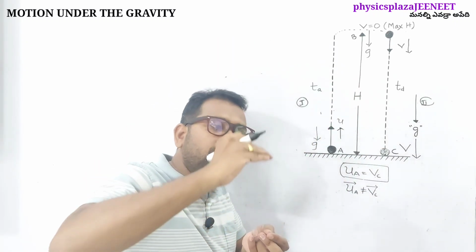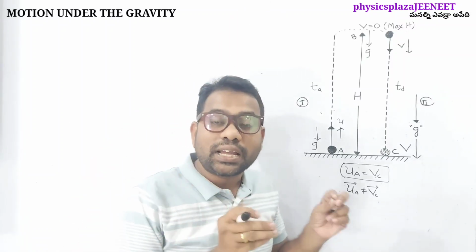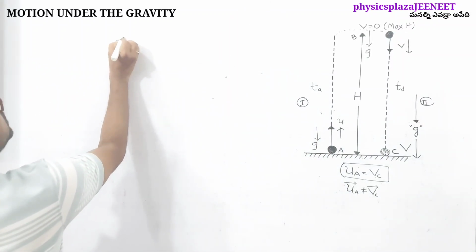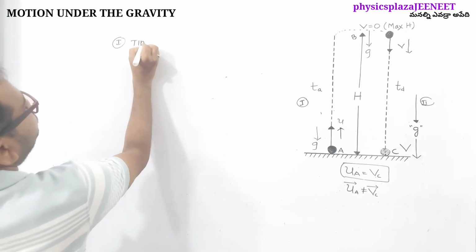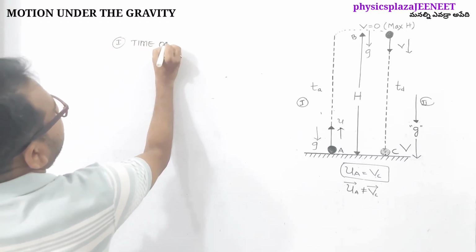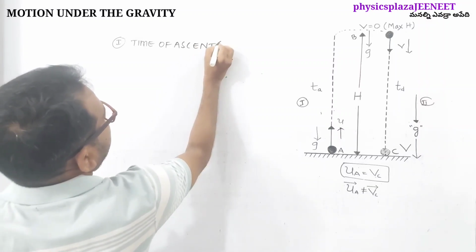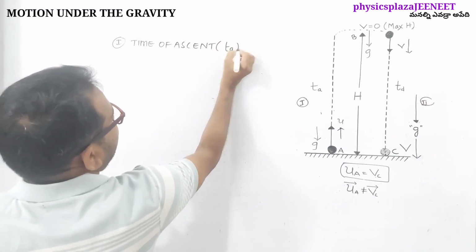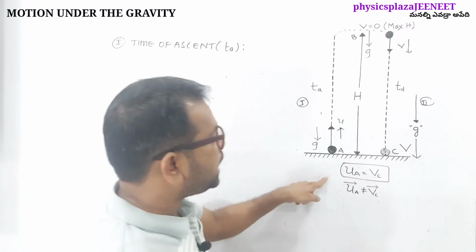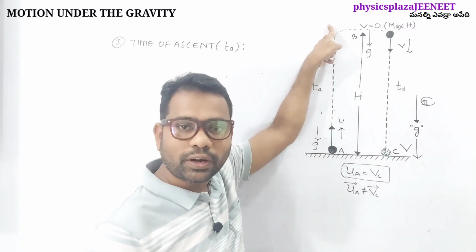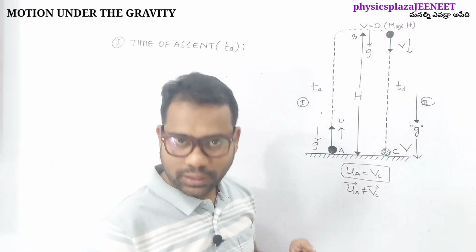This time taken we can call the time of ascent. So the first one we are discussing is time of ascent. What is the time of ascent? The time taken by a body to reach the maximum height is called the time of ascent. Clear?